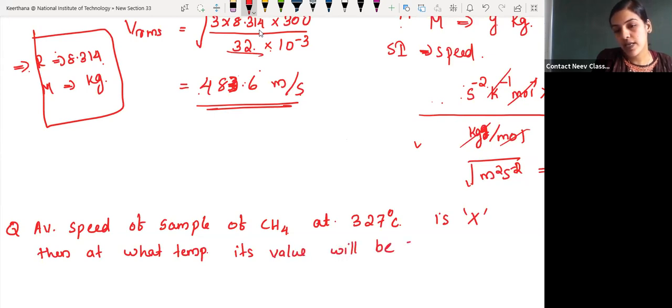You can use the same logic which you used in the case of kinetic energy calculations. If you are taking a particular gas, M is a constant and R is a constant, and velocity is related to temperature in some manner.